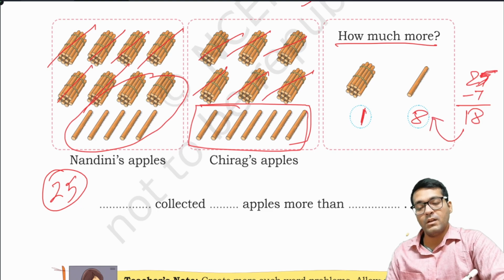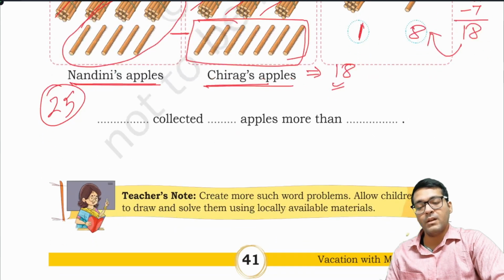You can do it on Ginladi too. Nandini's apples, Chirag's apples. If you subtract Chirag's apples from Nandini's apples, you will get 18 apples. Nandini is having 18 apples more. Nandini collected 18 apples more than Chirag.